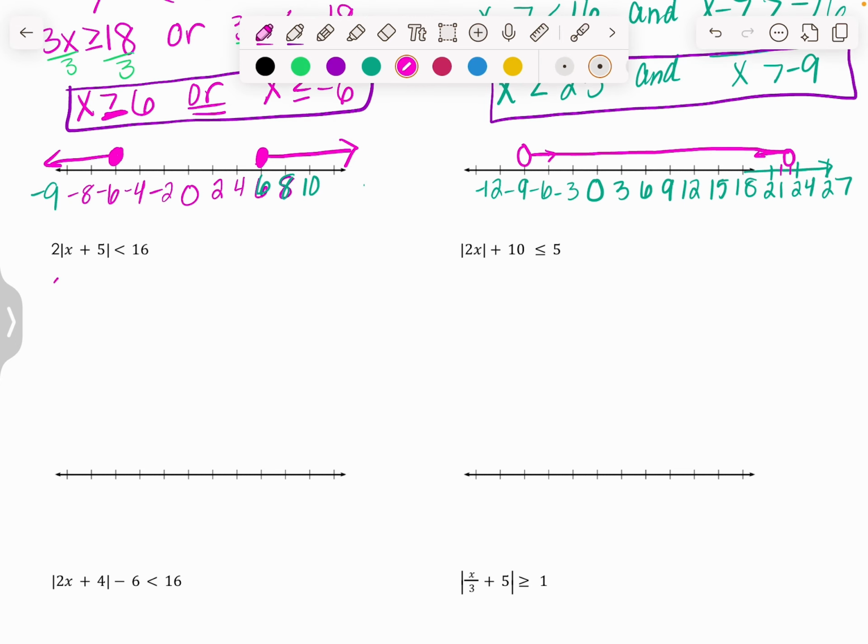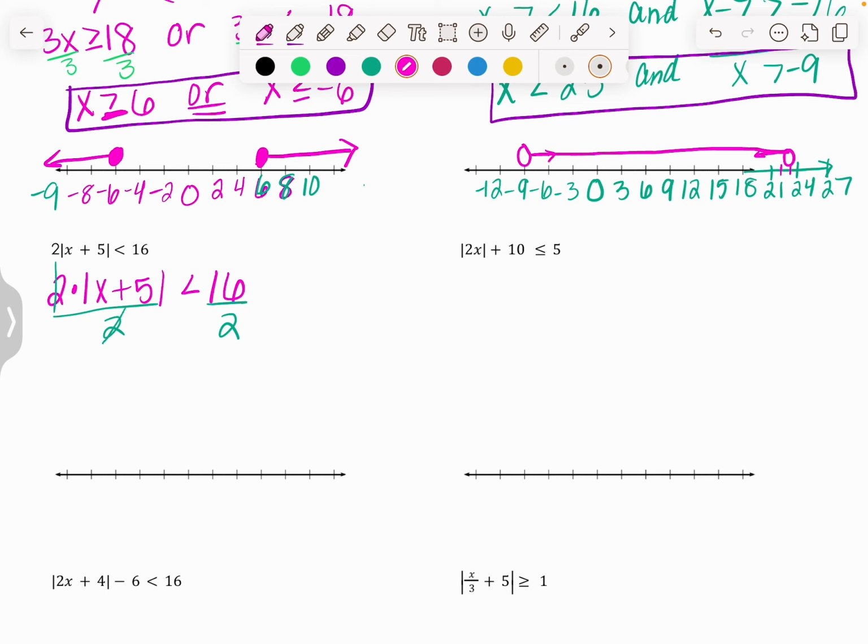Remember, a number in front of a grouping symbol, like a parenthesis, or in this case, the absolute value bars, means multiplication. And unlike parentheses, where you can distribute into it, you can't distribute into absolute value bars. So to get the absolute value by itself, you're going to have to divide both sides by 2.